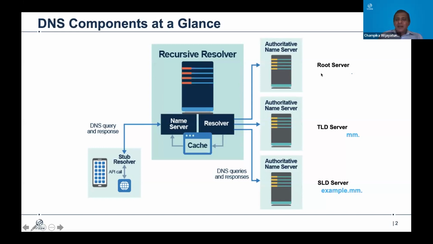And then there are top-level domain servers. From Myanmar's perspective, there is .mm. The root has delegated .mm to the Myanmar registry, and .mm can do further delegations to anything under .mm.